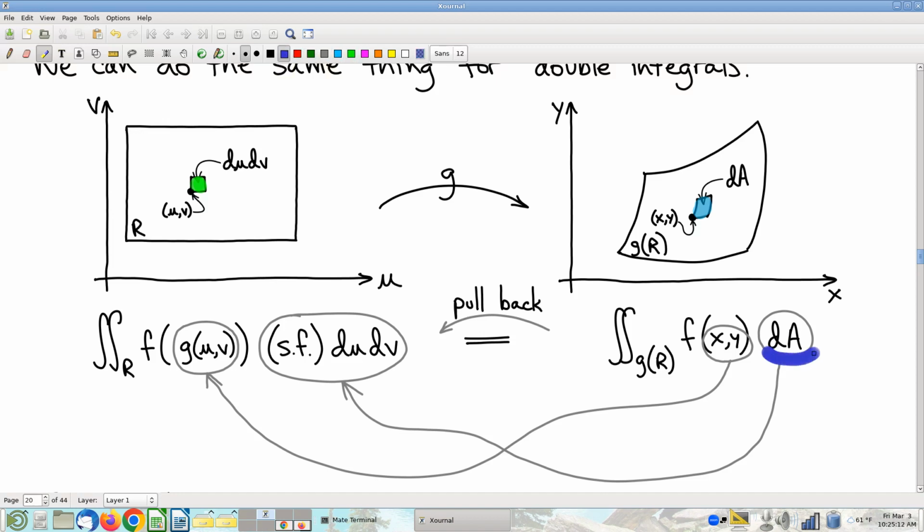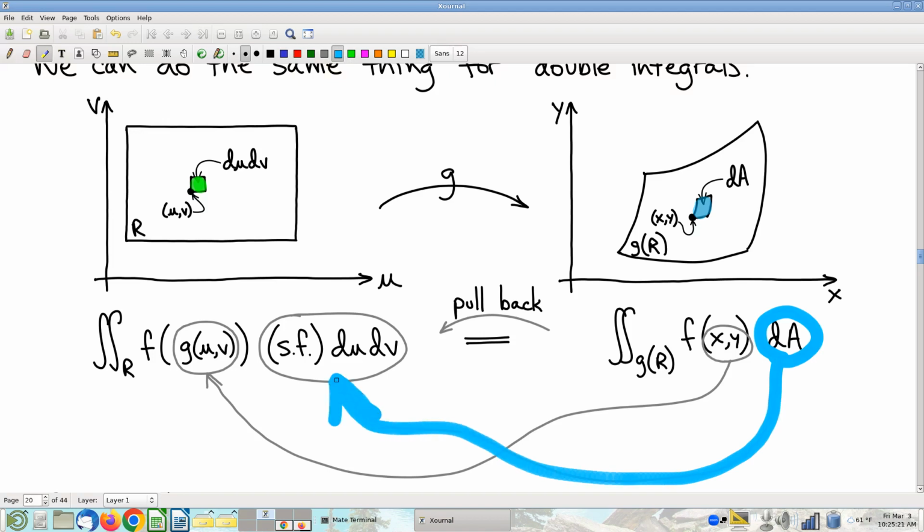This little piece of the output domain is going to be some factor multiplied by the area of that little piece of input domain, which of course is a little subrectangle, so du dv is what that area is.